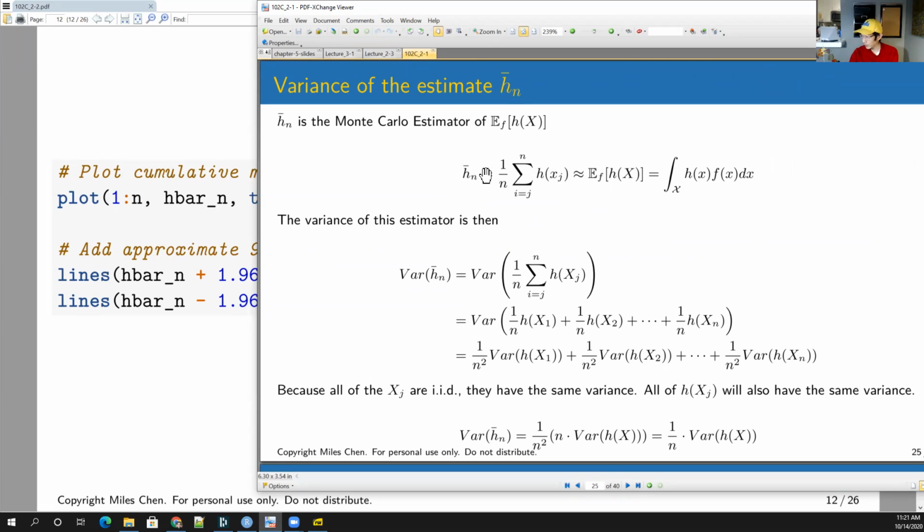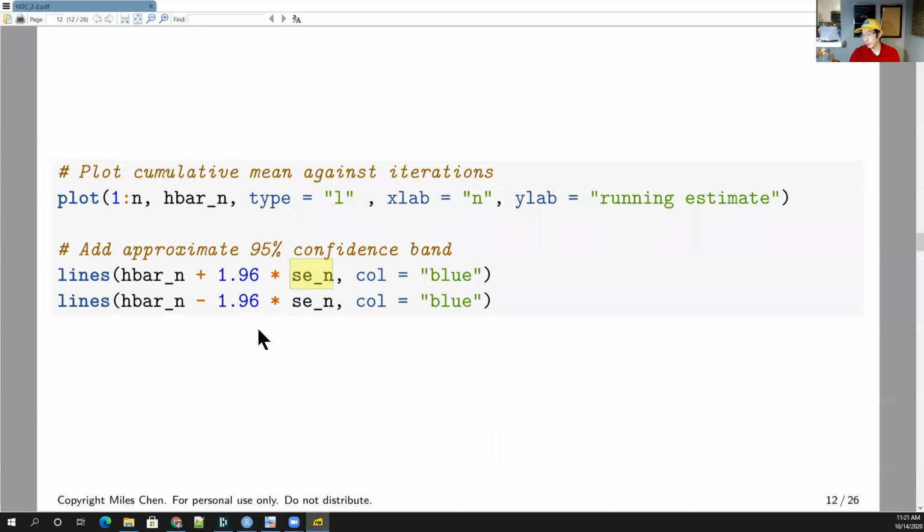Wherever my sample mean is, I can be confident that the true value is within 2 standard errors, or 1.96 standard errors, of this, okay? And so I'm going to create confidence bands going up 1.96 standard errors and going down 1.96 standard errors.